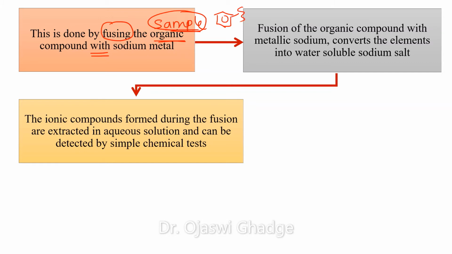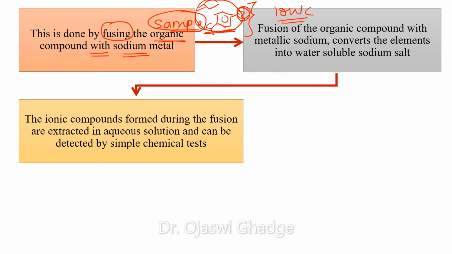There are some functional groups over here, or maybe it does not have any benzene ring but is a straight chain compound, maybe alkane, alkene, alkyne, anything. So my sample has a structure and I am fusing this structure with the sodium metal so that the elements from this compound get converted into ionic form.